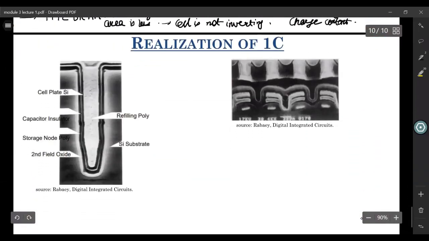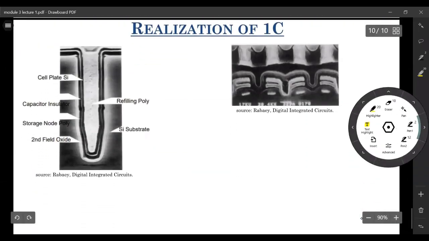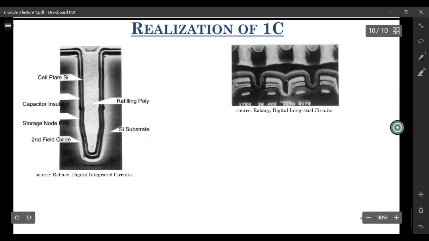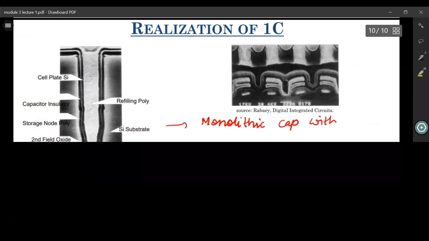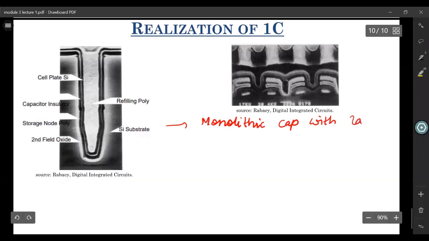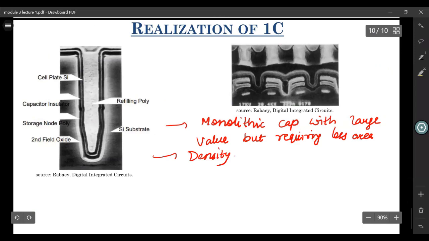Now, as I told you, there is this quest of finding monolithic capacitors with large value but requiring less area, because you are always worried about density, right? You're always worried about density.